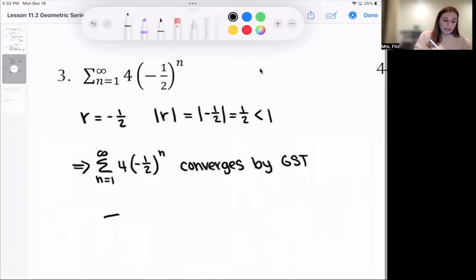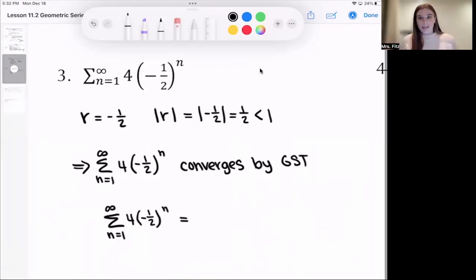Which means we're able to evaluate the sum from n equals 1 to infinity of 4 times negative 1/2 to the nth power. Now the first term, be careful, it's indexed starting at n equals 1. So if I plug in 1 for n, I get 4 times negative 1/2.